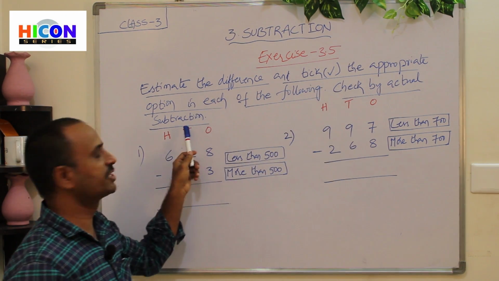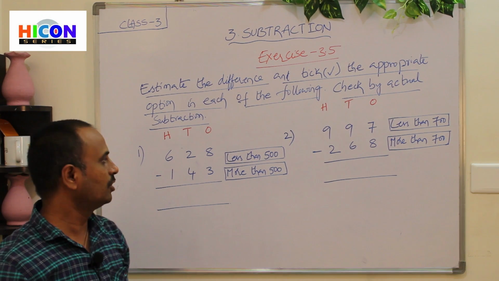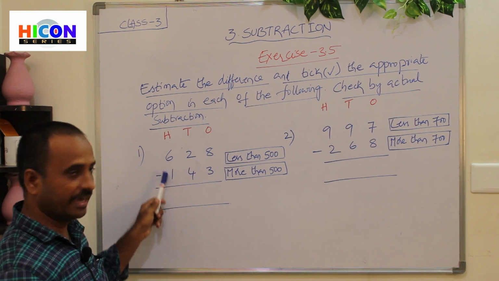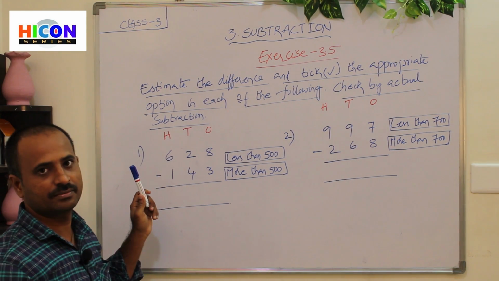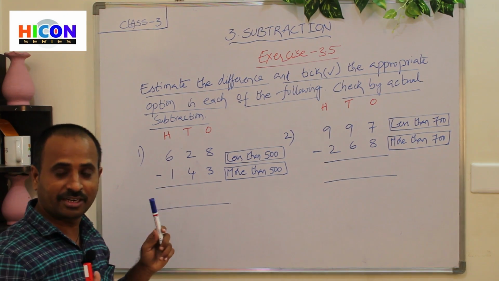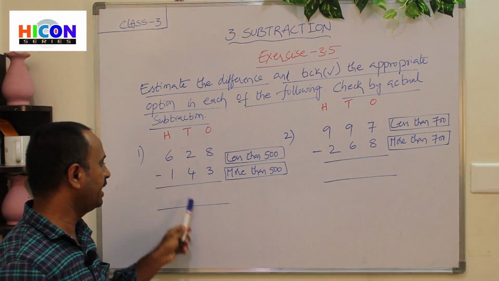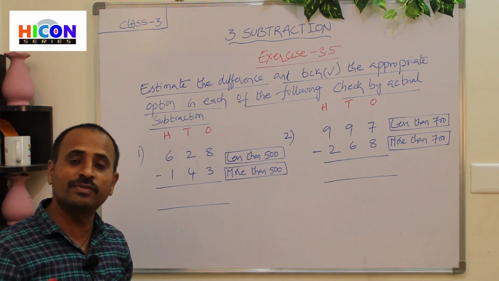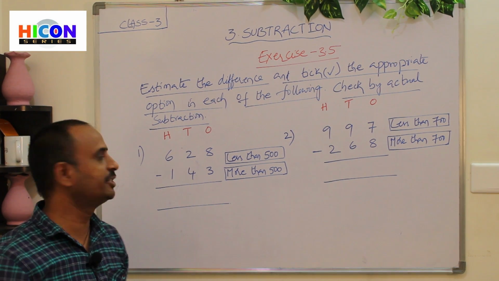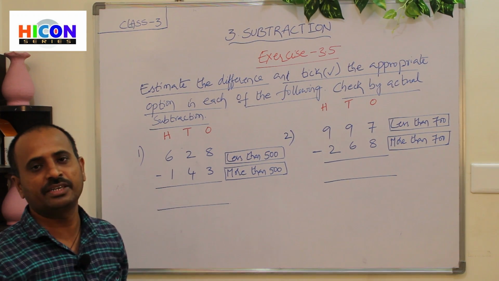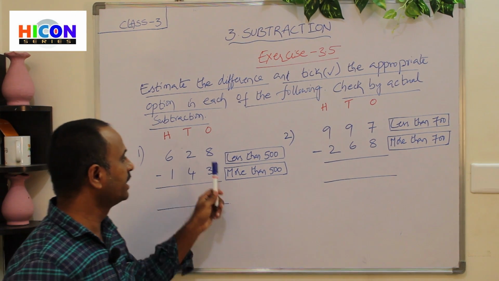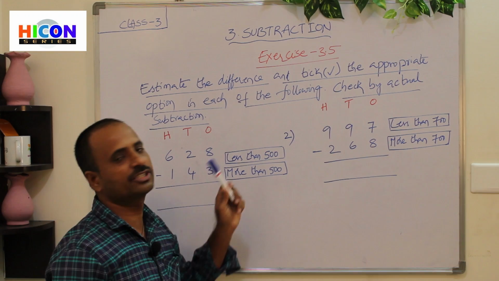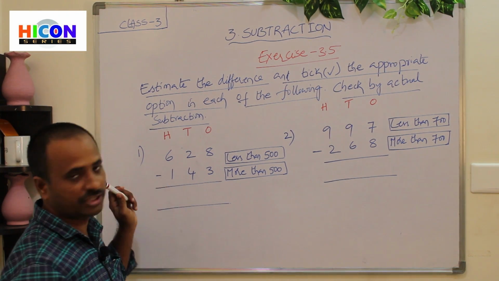Check by actual subtraction. So first we have to estimate the difference, and next we have to check that estimation by doing actual subtraction. And we have to put a tick mark for our estimation. So see the first problem.